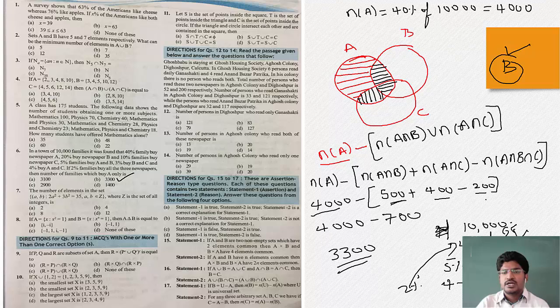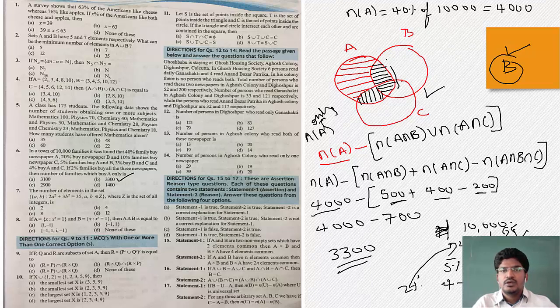Clear? That is 200. So, from this you are going to get a clear idea. So, you use this Venn diagram. If you use the Venn diagram, it will be very much clear, because they are asking n of A only, that means you have to take A only. So, if you want to take A only, you have to take complete A.